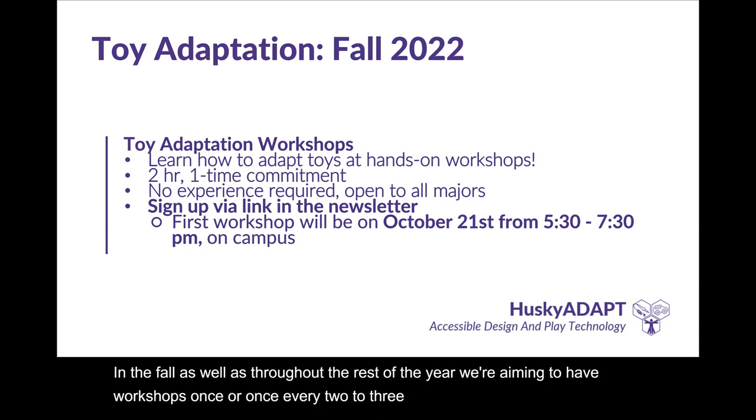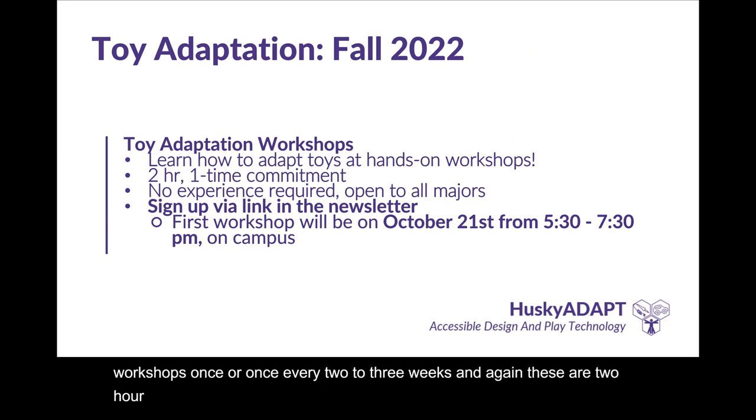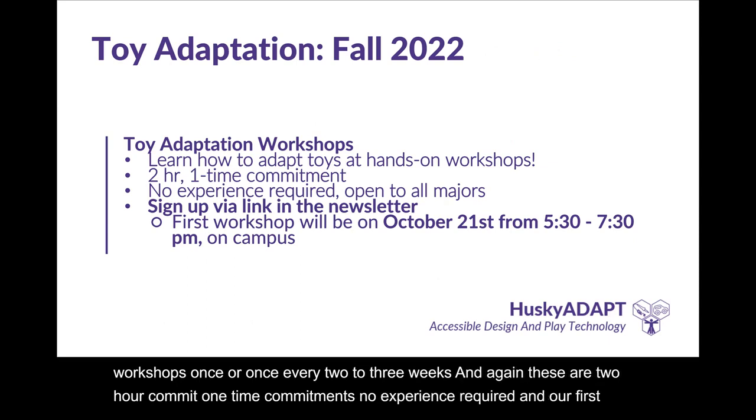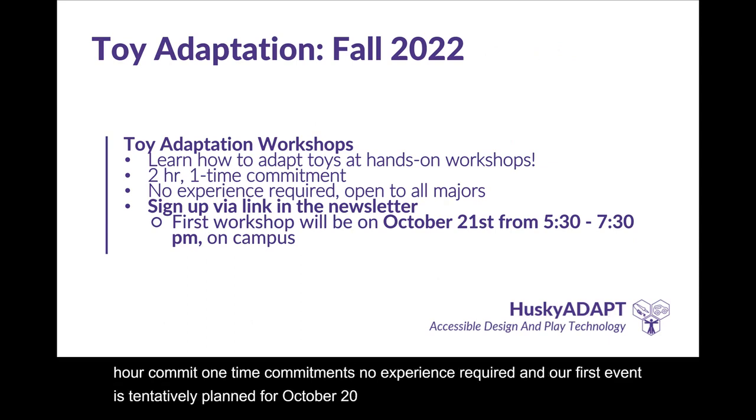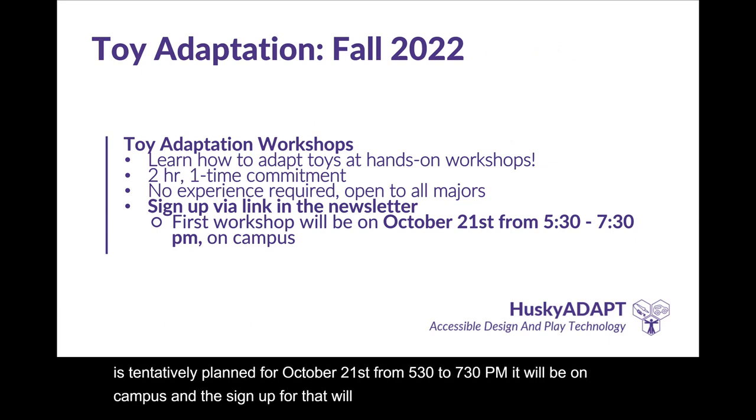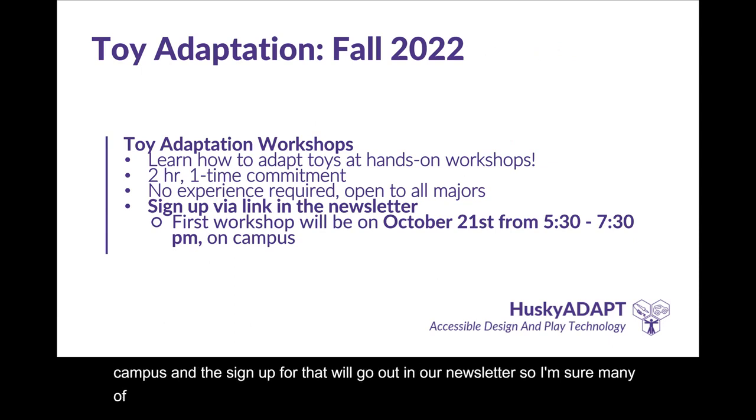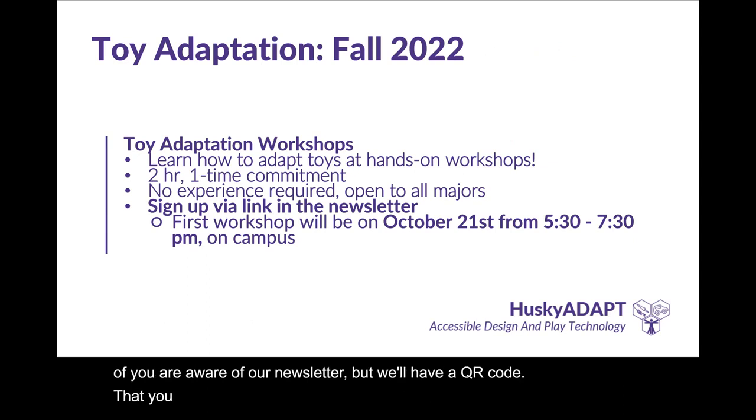Again, these are 2-hour one-time commitments, no experience required. Our first event is tentatively planned for October 21st from 5:30 to 7:30 p.m. on campus. The sign up will go out in our newsletter. I'm sure many of you are aware of our newsletter, but we'll have a QR code you can scan if you're not already on it.